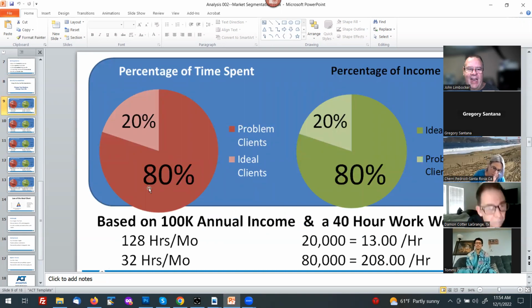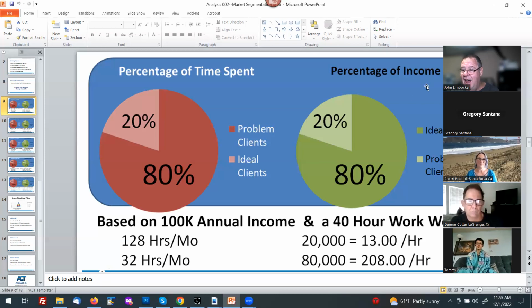If 80% of your clients are what I call problem clients, they're not highly profitable, and you only have 20% of your clients that are your ideal clients, and they are profitable, the numbers reverse out. 80% of your money is coming from this little 20% sliver of the pie. Only 20% of your total income is coming from 80% of the pains in your ass.